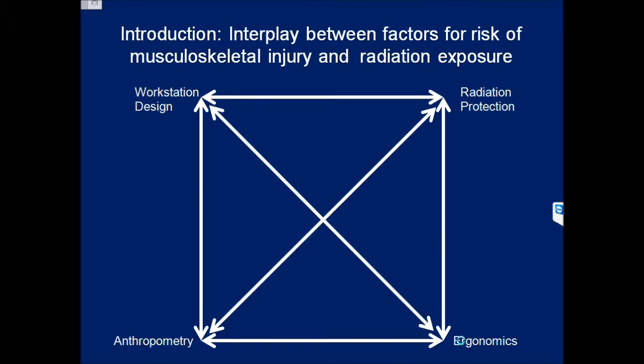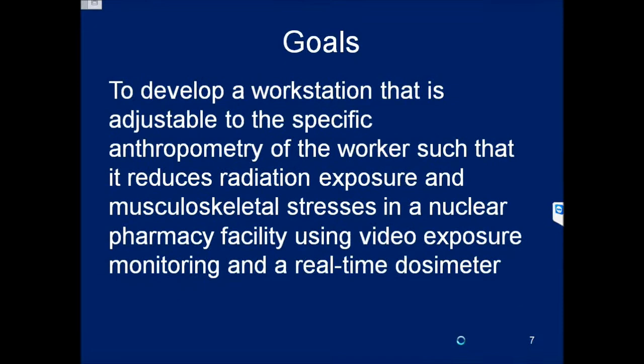So I was not only able to look at a total dose, I was also able to look at which activities as a person worked might have the highest exposure. It allowed me to look at how I can decrease exposure and improve work postures, and together these may enhance the strategies for best work practices in the nuclear pharmacy.